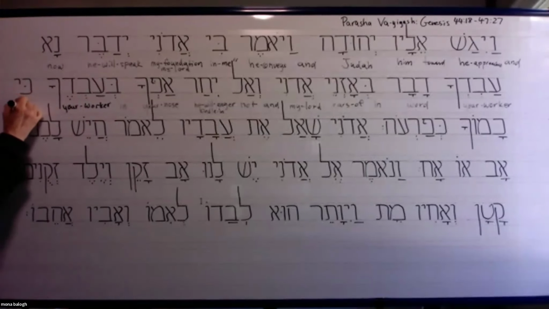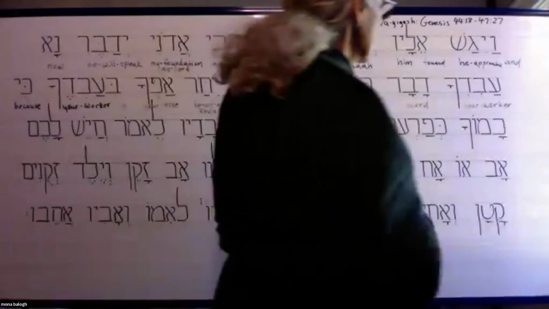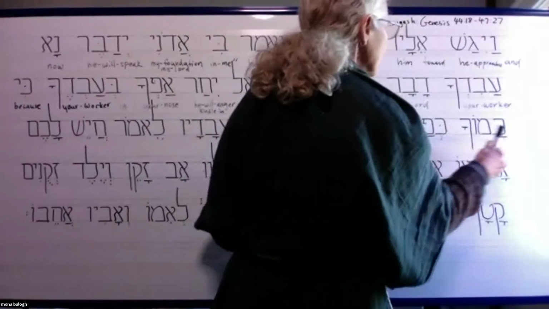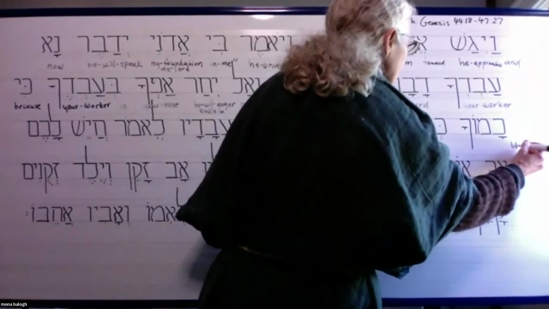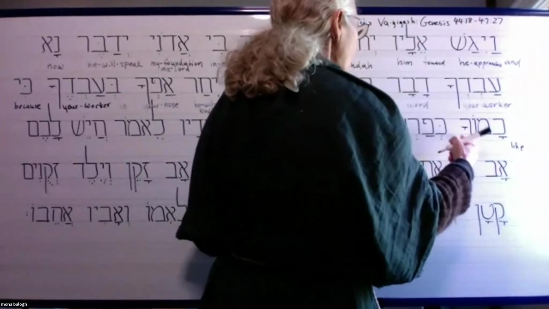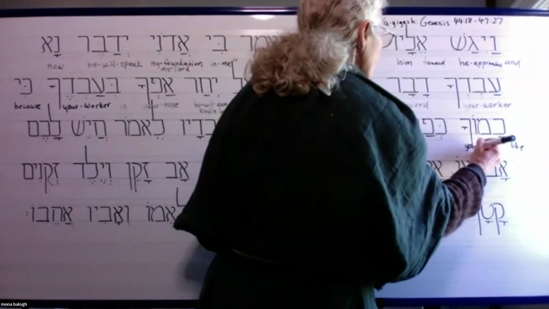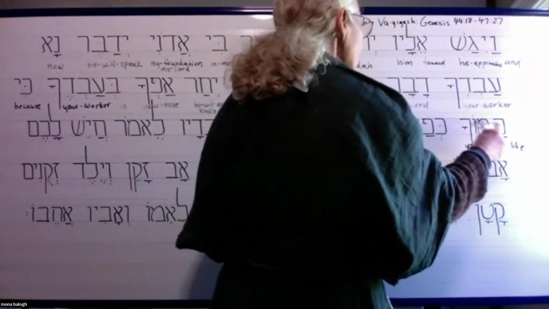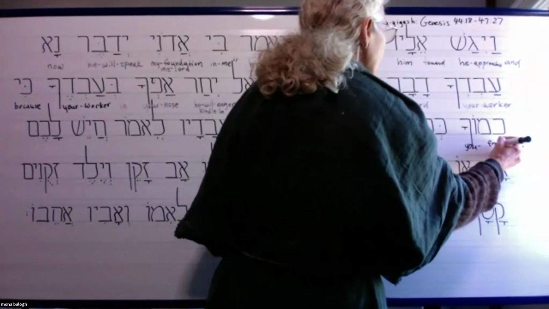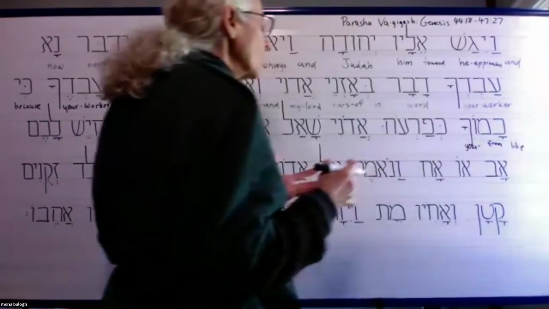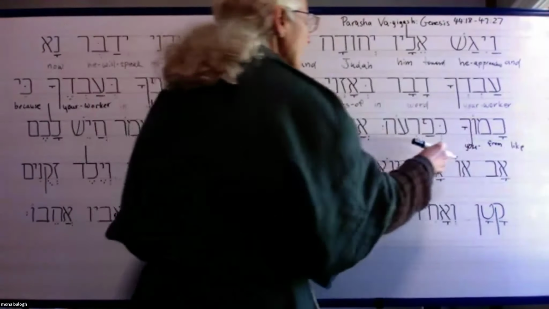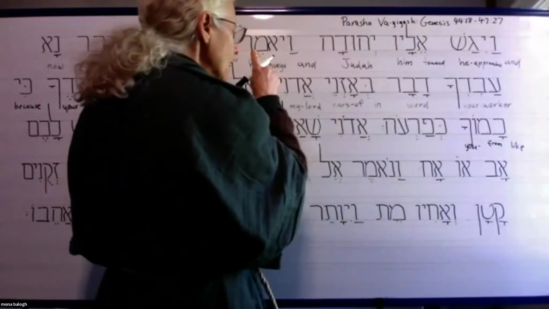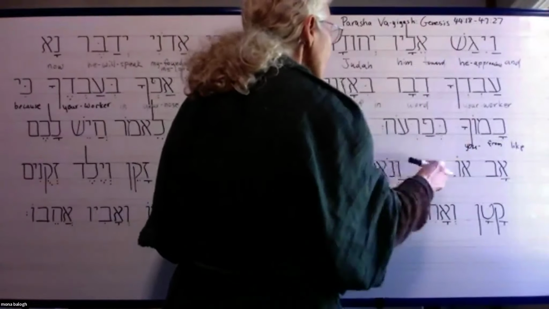Ki means for or because. Cha is like or as. Mocha, or cha is you. The whole thing is like you, but the mem would be from, and from you. So likened to you. And how is Judah likening Joseph?